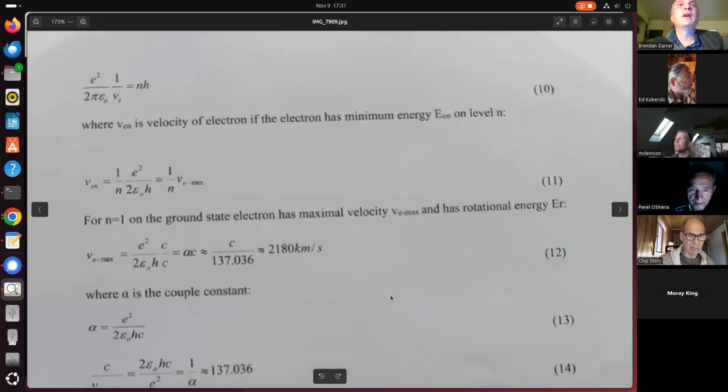Equation 10 there, where VEN, the velocity of the electron at a certain orbital, a certain quantum number n, is the velocity of the electron if the electron has minimum energy VON on level n.